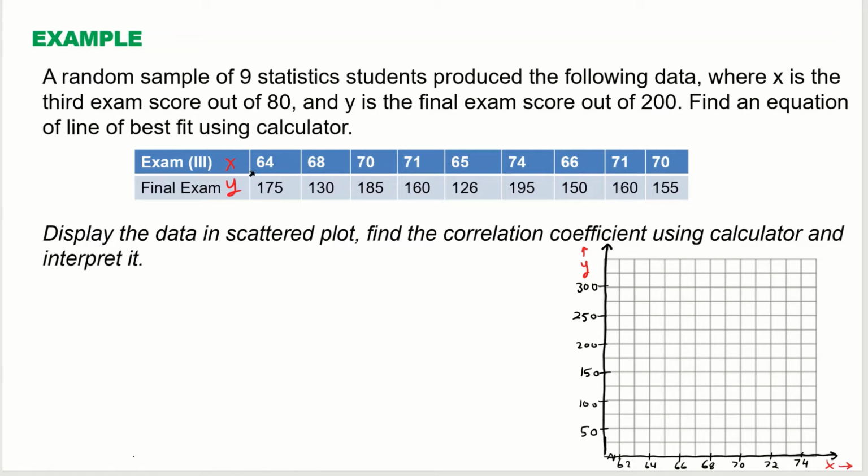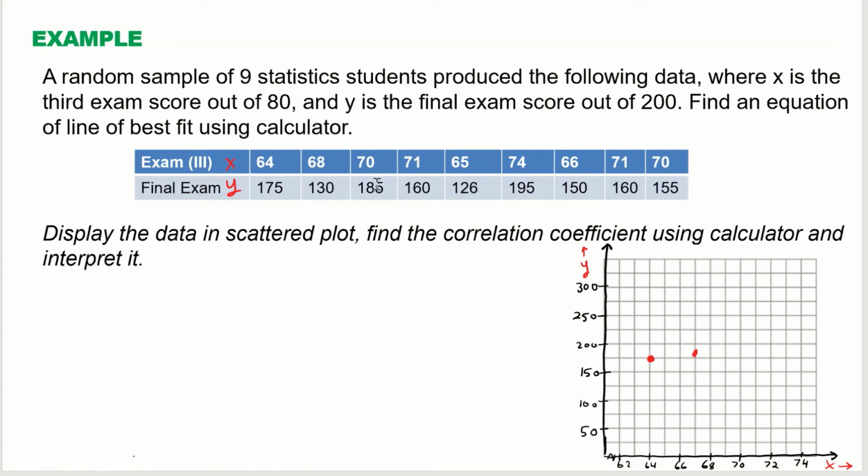The first one, we have 64, 175. 64 is here, so 175 should be this point. That's your first point. Next, we have 68 and 130. 68 is here. 130 will be a little bit above 125, so 130 should be this one.